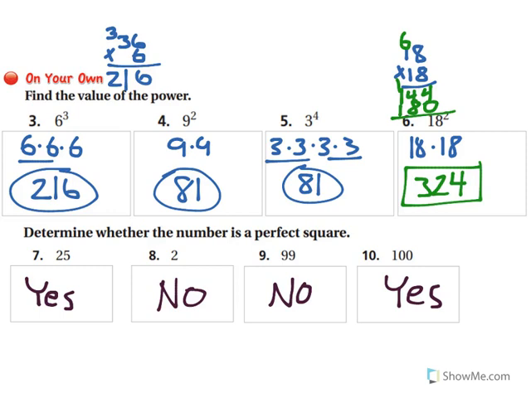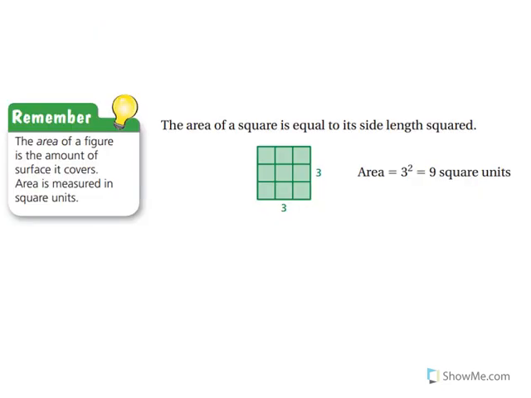Let's go ahead and get down to the ending part of our notes here. Remember that the area of a figure is the amount of surface it covers. We often know it for squares as base times height or side times side. The area is measured in square units. Keep that in mind. So the area of a square is equal to its side length squared.